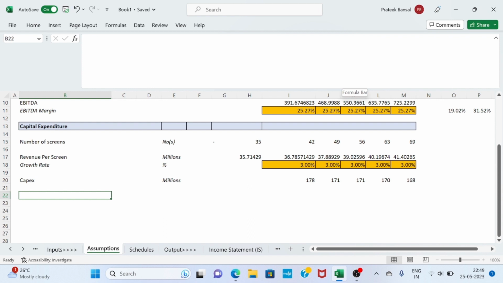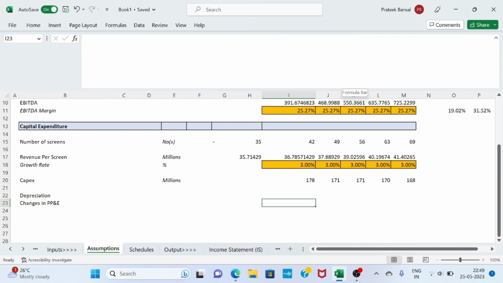Now we go to depreciation. Now easily we can calculate depreciation. How are we going to calculate depreciation? First of all, in order to determine the depreciation, we need to find out the capex amount or changes in PP&D, that will only equal the capex.